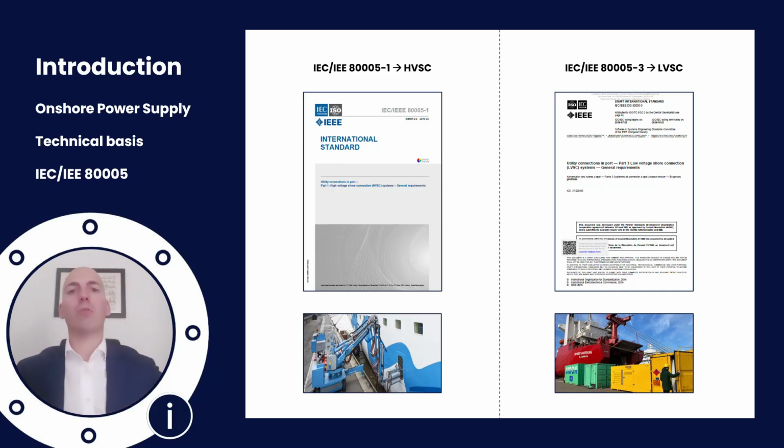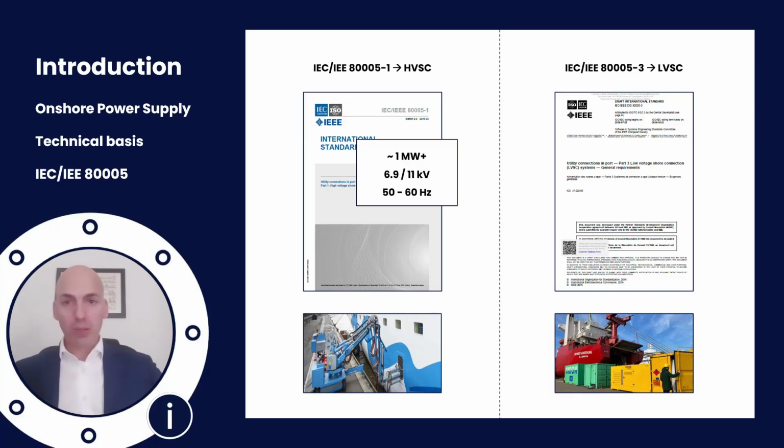The second part describes communication systems, safety systems, but mostly communication, and is used by both these standards. 1 megawatt plus is typically high voltage, although the correct nomenclature is that it is expected that HVSC systems will have practical applications for ships requiring 1 MVA or more, or ships with a high voltage main supply.